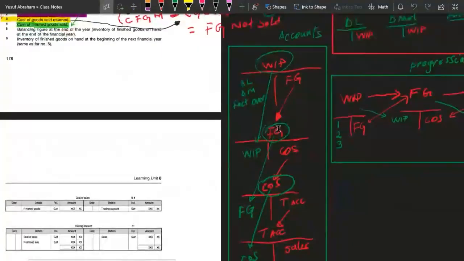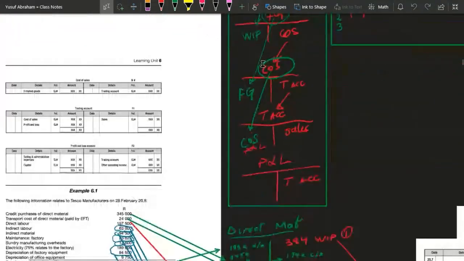The finished good will be also its own account afterwards. On one side, you would have what came from the working process and what went out or what was sold, cost of sales. The cost of sales will also be its own ledger account, right? On one side, you have the finished goods and the trading account. The trading account will be its own account, right?